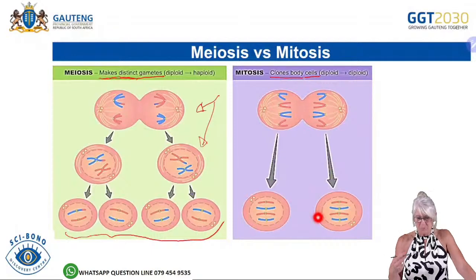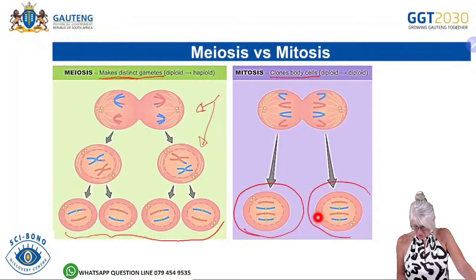It's a form of growth, a form of repair, a form of asexual reproduction. So we end up with two exactly the same. We started out with a single cell, and the cells formed at the end of one mitotic division or one cell division are all identical. So they are genetically identical.